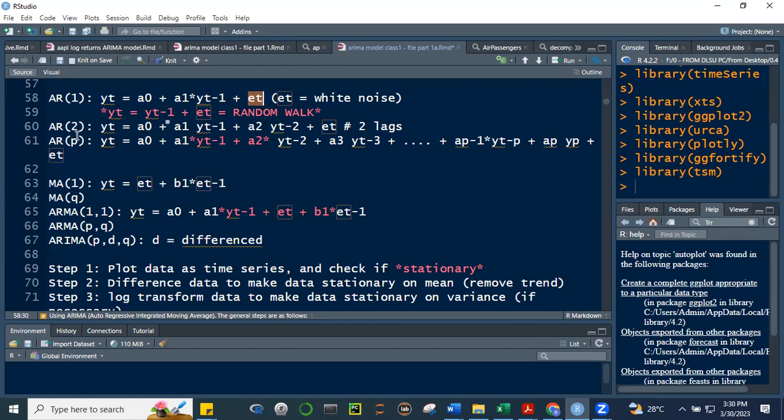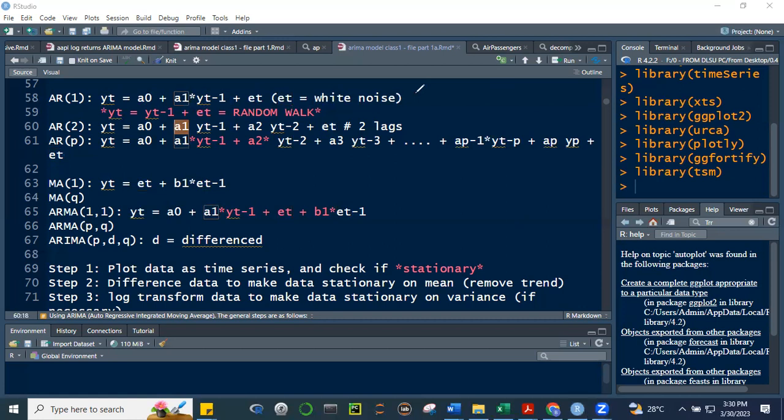If it's AR2, then you have 2 past values, y sub t minus 1 and y sub t minus 2, multiplied by the coefficients. You'll oftentimes see that this is phi sub 1 in many other references.